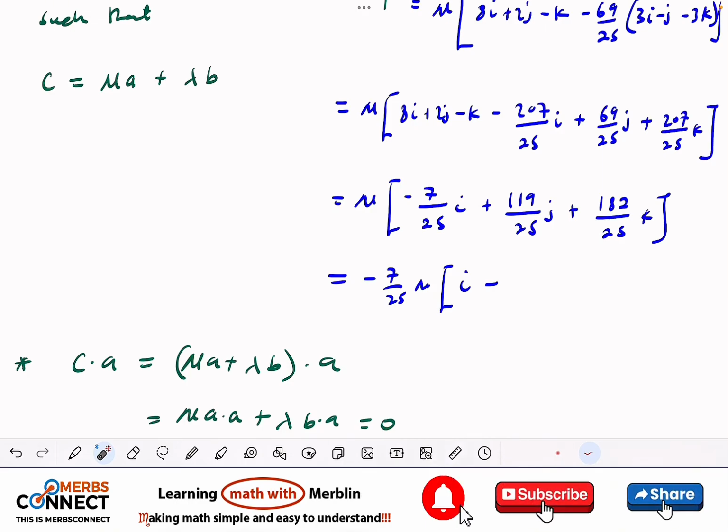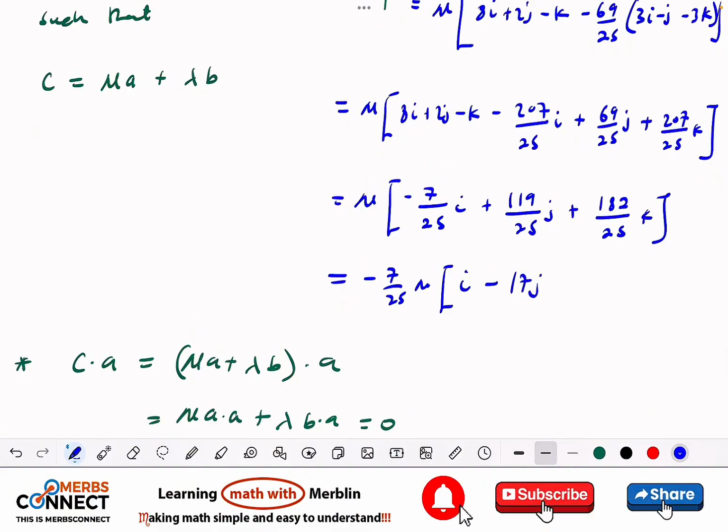Okay, let's check it out. 119 divided by 7 should be 17. Yeah. So this one will be 17j.